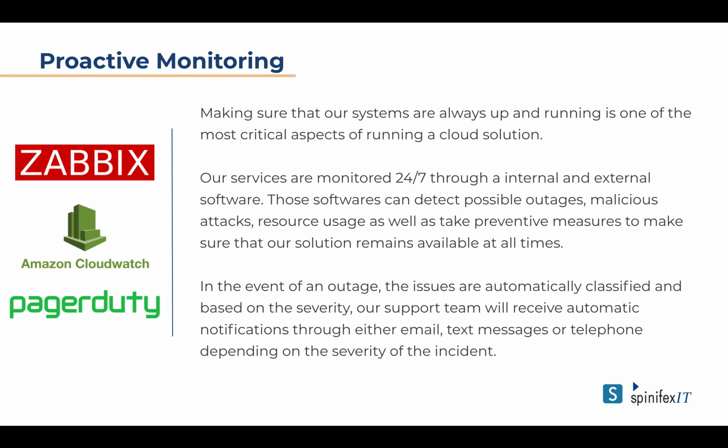PagerDuty is a solution that will call us on our mobiles. It will first try to call the people who are on call or working during the normal time. And if within 5 minutes the person cannot be reached, it will be escalated to the next level. Of course, we also have notification through email and text messages.